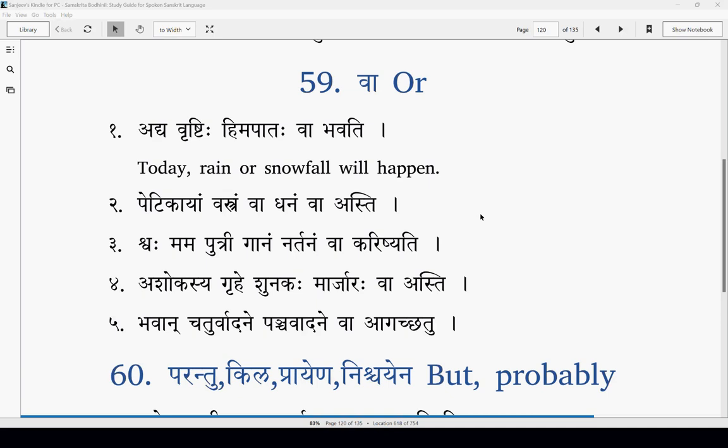Is it because of this gadya? For example, in this poem, Tvameva Mata Cha Pita Tvameva, cha comes in between Mata and Pita. Since we are studying cha, cha comes in between there.